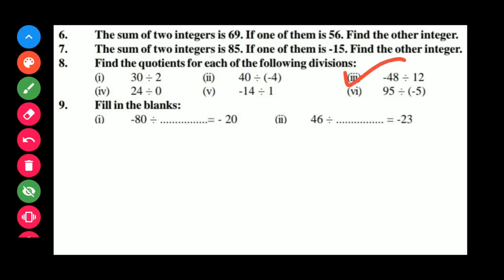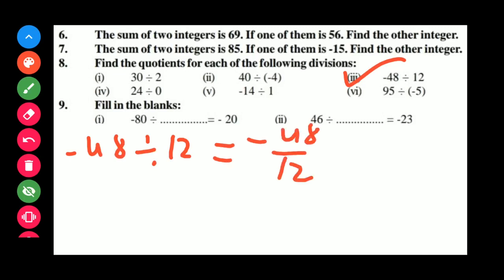Come to the third part. It is minus 48 divided by 12. So 12 ones are 12 and 12 fours are 48. So you can write minus 4 as a quotient and that is your answer.